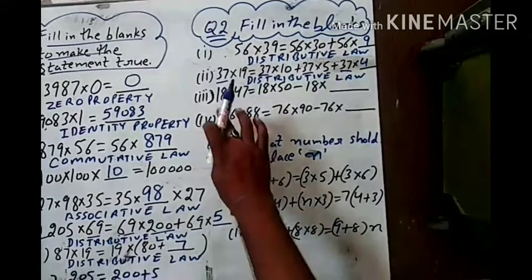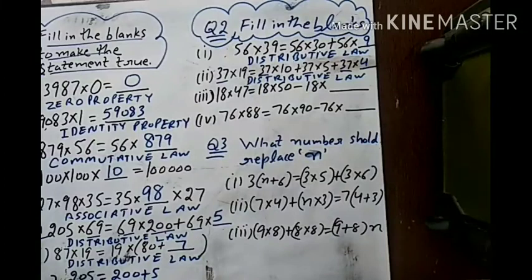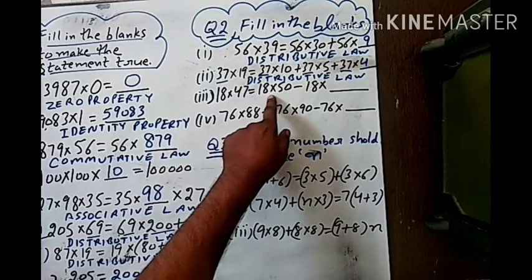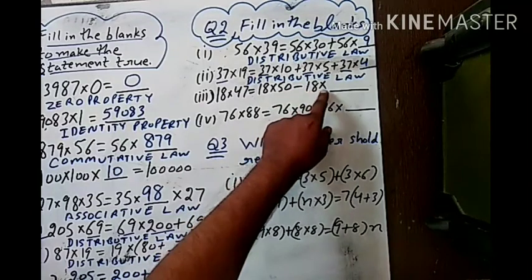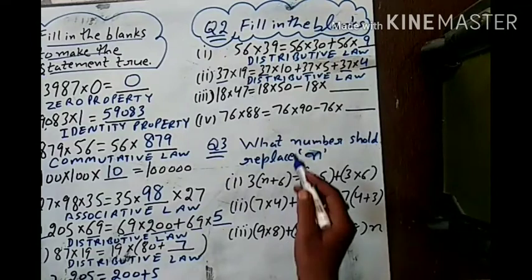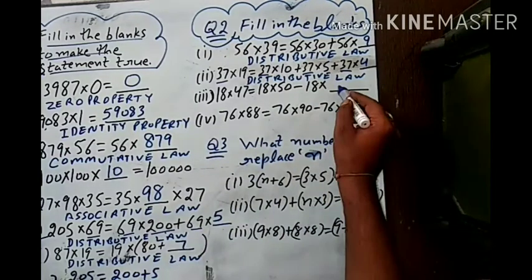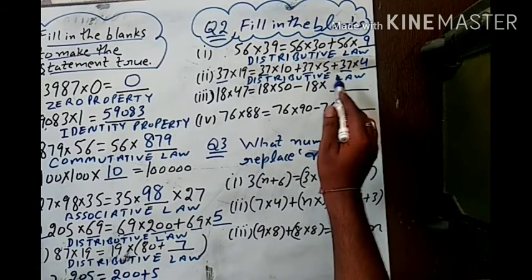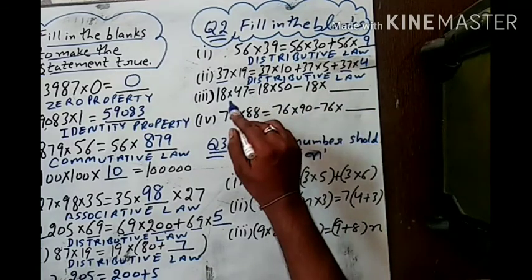Again 18 multiply 47, and here 18 multiply 50 and 18 multiply by what? So that it becomes 47. Here the subtraction is there, so I will have to find a number that makes 50 to 47.